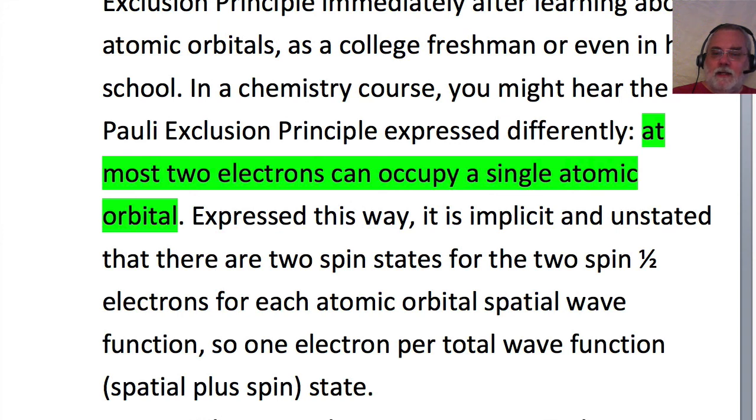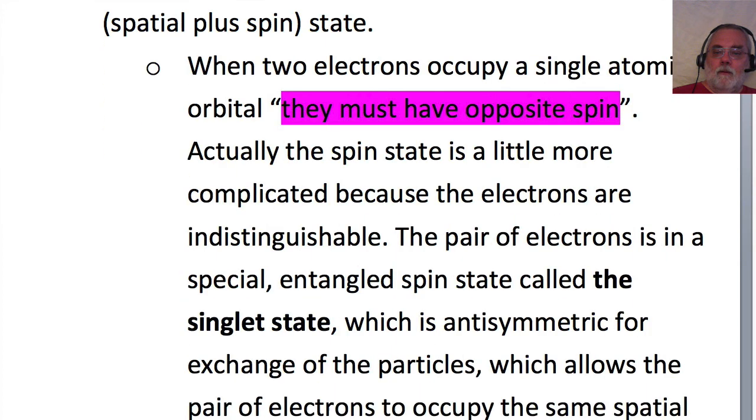Expressed this way, it is implicit and unstated that there are 2 spin states for the 2 spin 1/2 electrons for each atomic orbital spatial wave function. So 1 electron per total wave function, spatial plus spin state. When 2 electrons occupy a single atomic orbital, quote, they must have opposite spin, unquote.